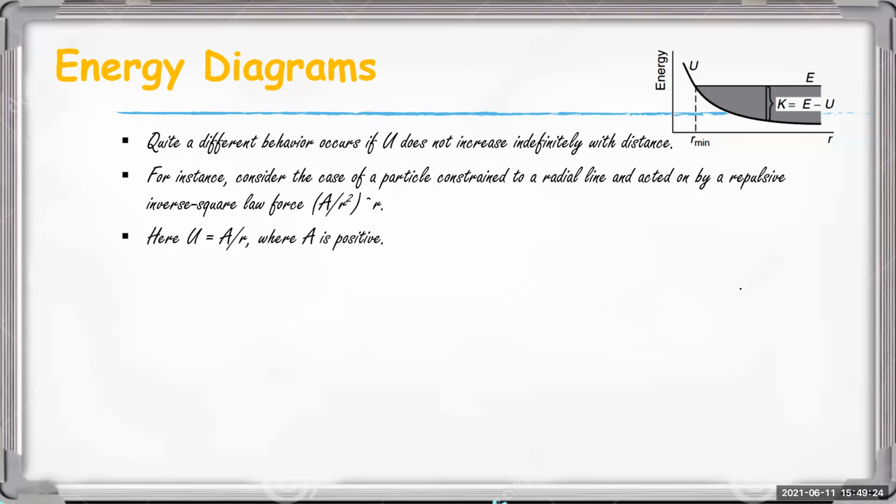Here, in the case of central force or the inverse square law, we have U equal to A by r, where A is some positive quantity.